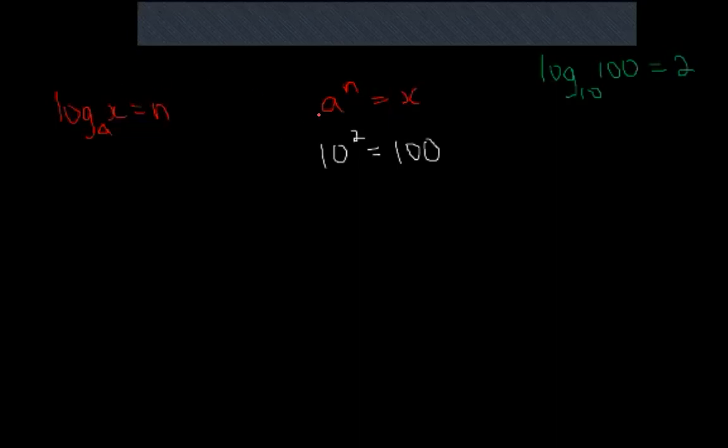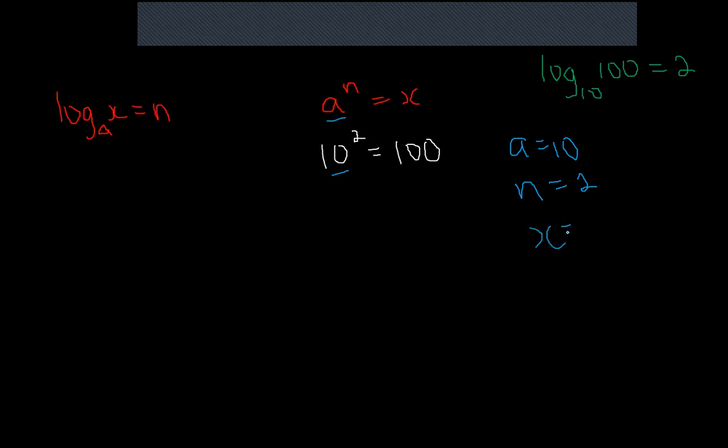If I want to write the exponential form into the log form, I just follow this, right? So 10 squared is equal to 100. I would say, okay, looking at this, 10 is a, is equal to 10. My n is the power, so that's 2, and would be equal to 2. And then x, which is the number, is 100.